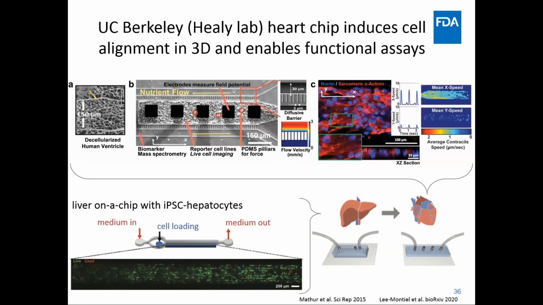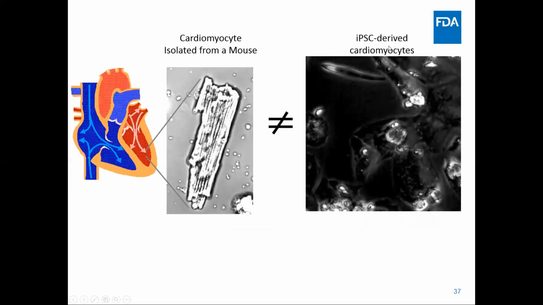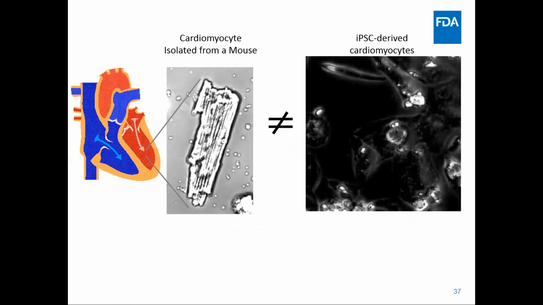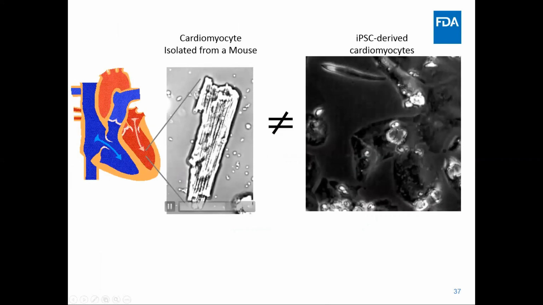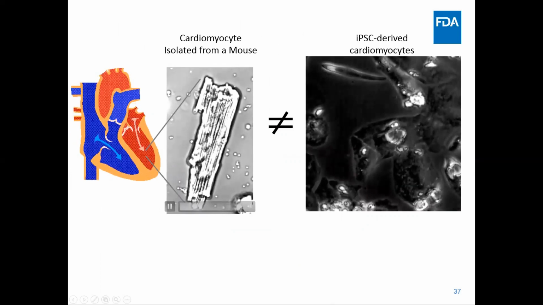So why is it important to align cells in this way and to have them in 3D? Biggest problem is that for iPSC-derived cardiomyocytes, if they're not aligned and if they're not in 3D, they have fetal-like properties. They do not resemble at all the morphology and function of primary cardiomyocytes.